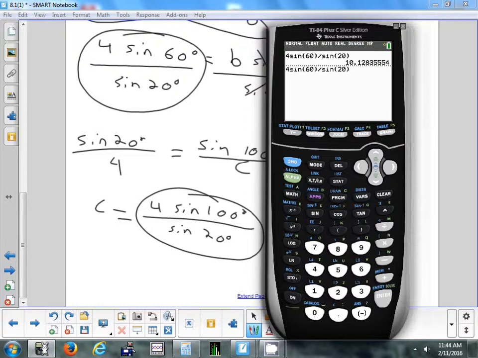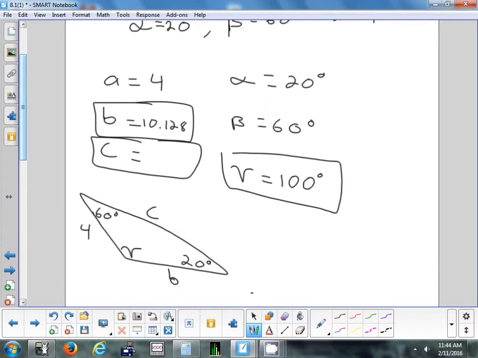If you hit second enter, you can bring up the last answer. That's what you got: 11.518. And that fits with what I said. It should be bigger than 10, but smaller than 14, so things look reasonable.